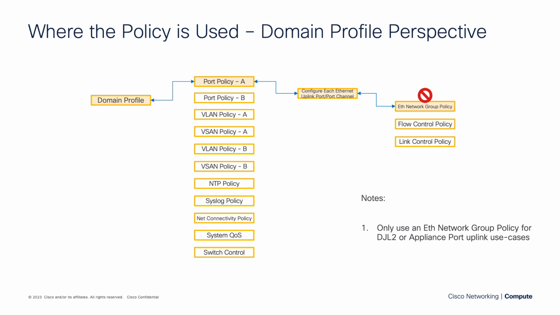As you go in there to configure your Ethernet uplink port or port channel, or appliance uplink port or port channel, you will see the Ethernet network group policy. We have the null sign there because for the vast majority of customers doing traditional Ethernet uplink ports or port channels to a single layer 2 domain, you're not going to use this policy.